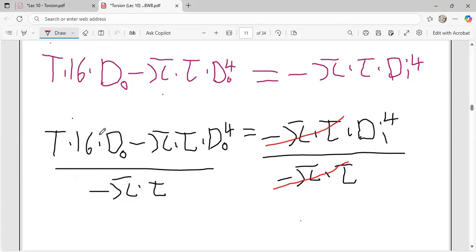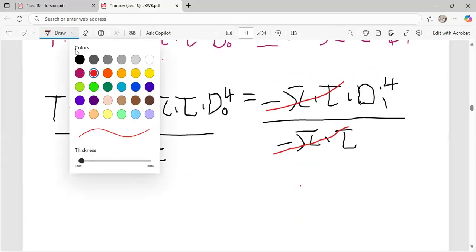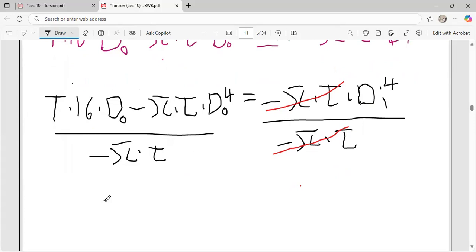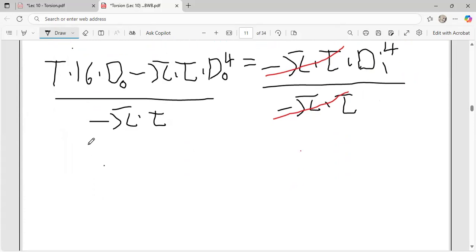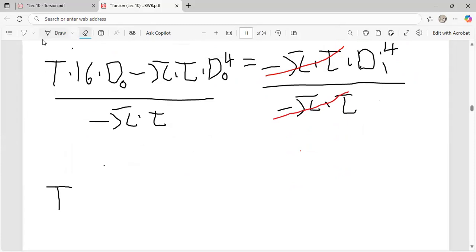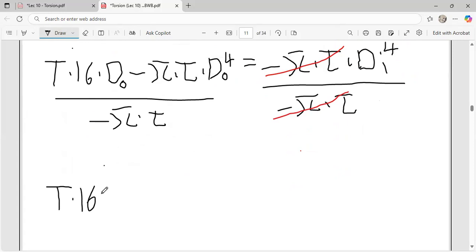But take note that what we are seeing over here is the same as this. What we are seeing at the top is the same as what I'm writing over here. Have a look. This is also the same as this.